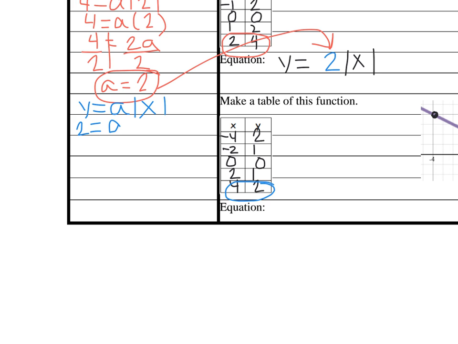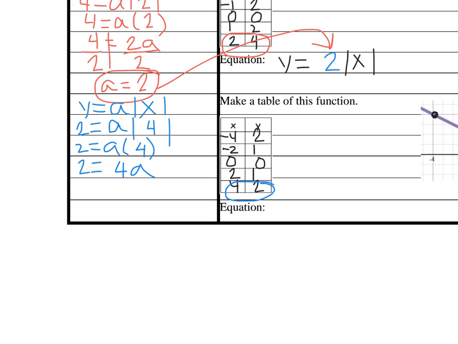And we don't know what a is, so we're solving for a. The absolute value of x, which is 4, I take the absolute value of 4, which is 4, so 2 equals a times 4. A times 4 is just 4a. So 2 equals 4a. Now I need to get rid of that multiplying by 4 to get a by itself.